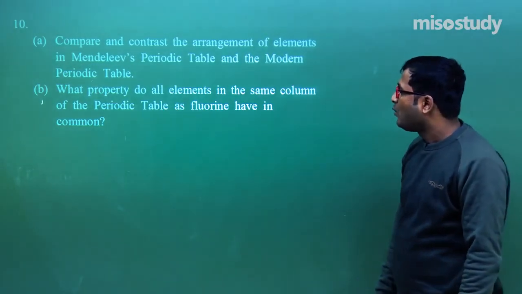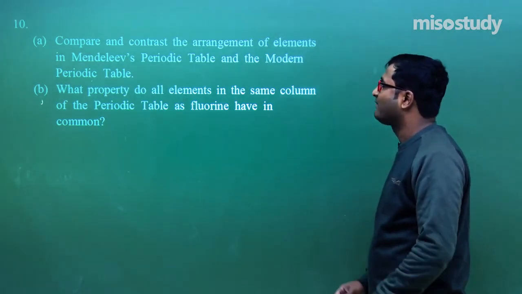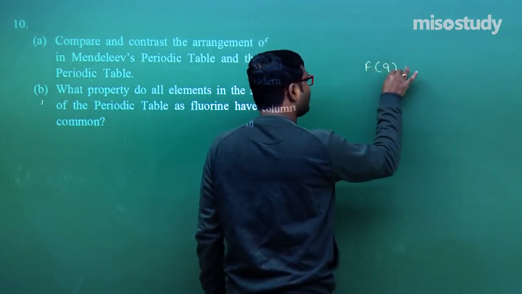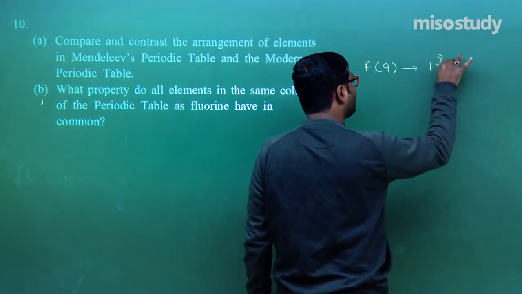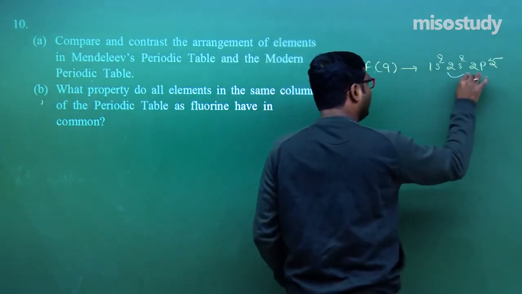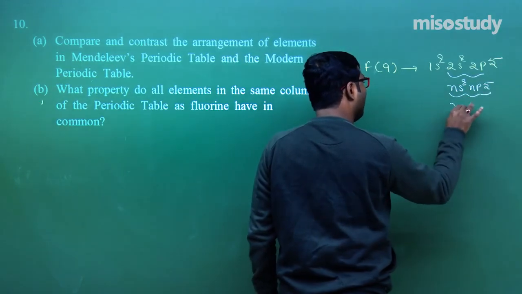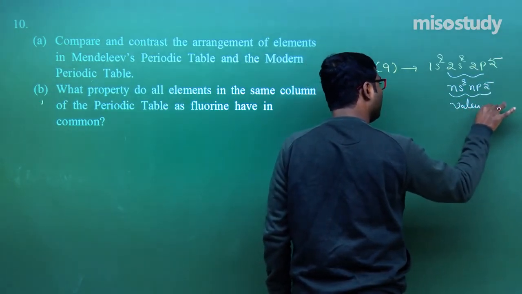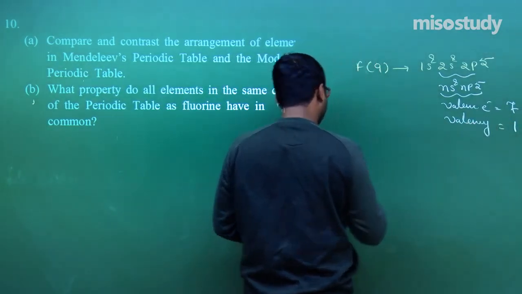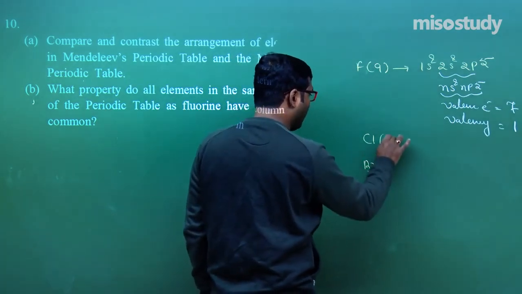Now the next one is, what property do all the elements in the same column of the periodic table as fluorine have in common? It is very simple. As we know, fluorine has electronic configuration 1s2, 2s2, 2p5. Clear to you? The outermost electronic configuration is ns2 np5, that is, the valence electrons in this case, my friend, are 7, and the valency, we know, is 1. If I compare it with chlorine, bromine, iodine, what do we observe?